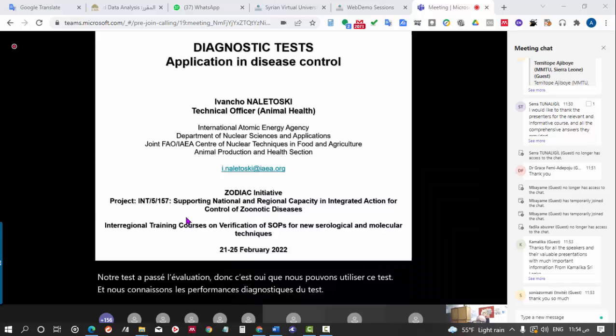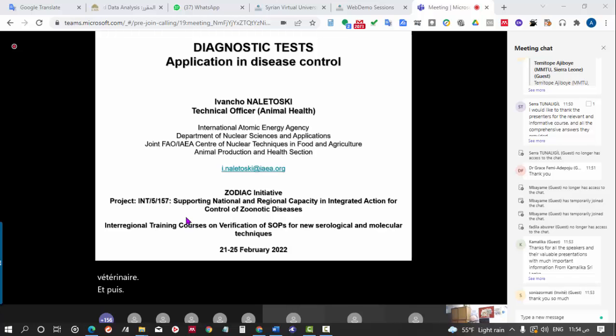This is what we as diagnosticians are expected to deliver to the veterinary authority. And then the epidemiologist at the veterinary authority is the one who should now organize the control measures, vaccinations, or whatsoever based on the testing strategy in the field.